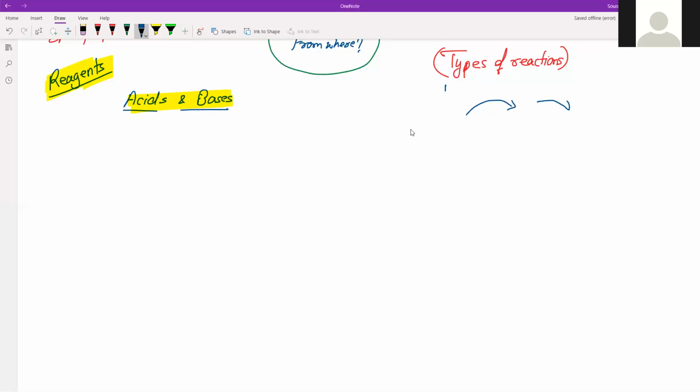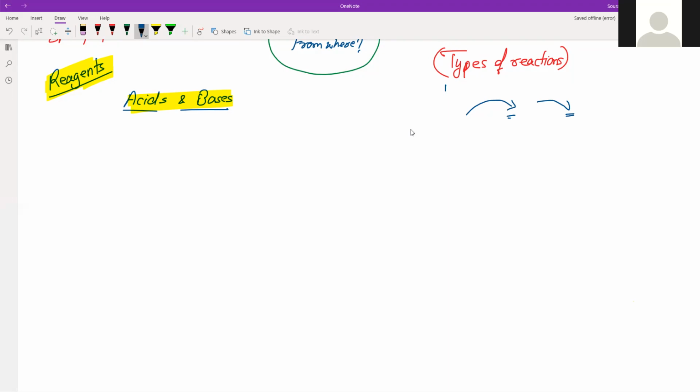These things we will try to understand, and the basis of all these notations is actually understood by these acid-base reaction mechanisms, and it also depicts the process of bond breaking and bond making that occurs as molecules react.